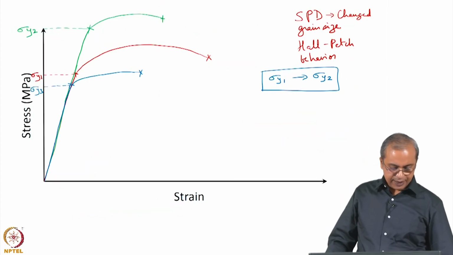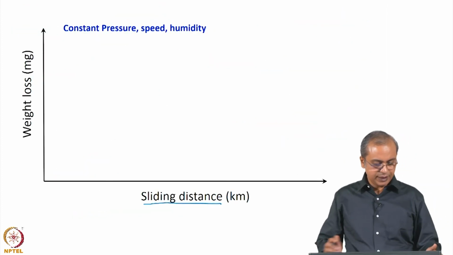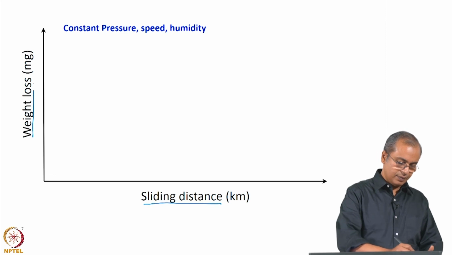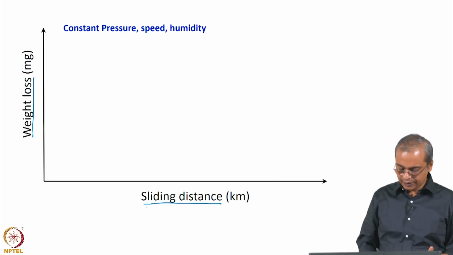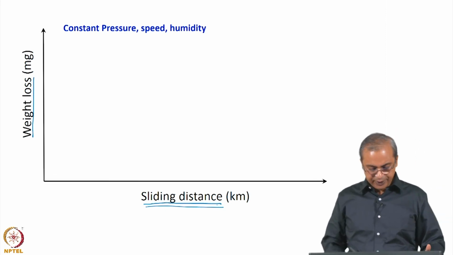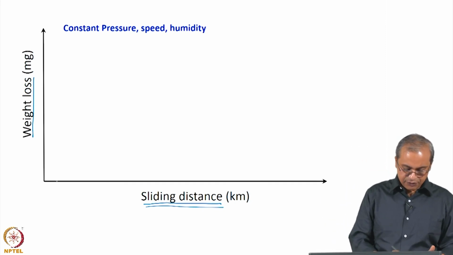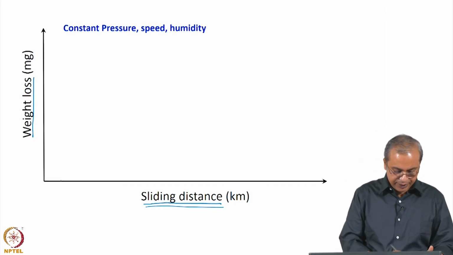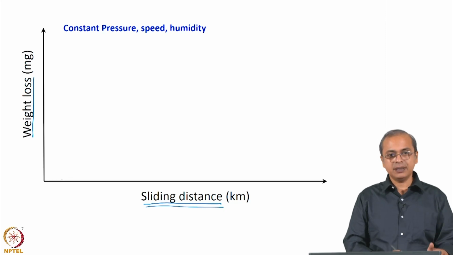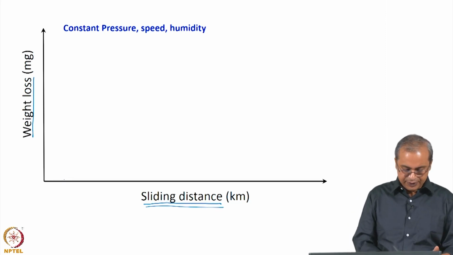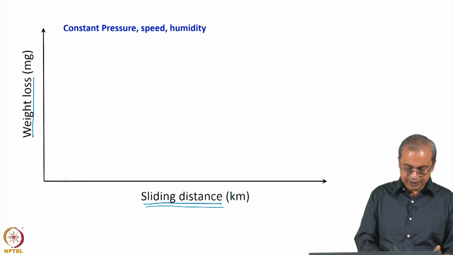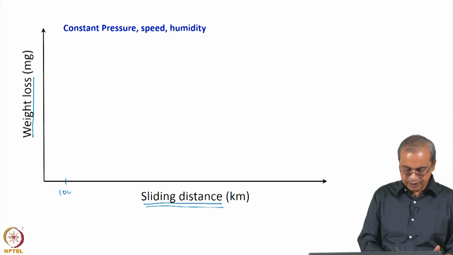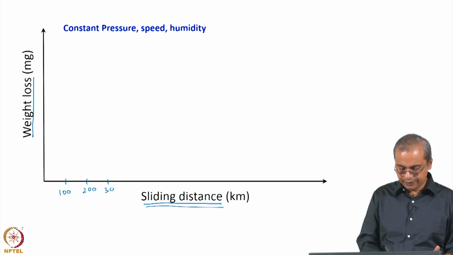So, what is typically done is that you have weight loss here and you have sliding distance on your x axis. The test runs for, let us say, 10 minutes, and then it has travelled some distance. Let us say it is travelling in meters, say this is 100 meters, this is 200, 300.